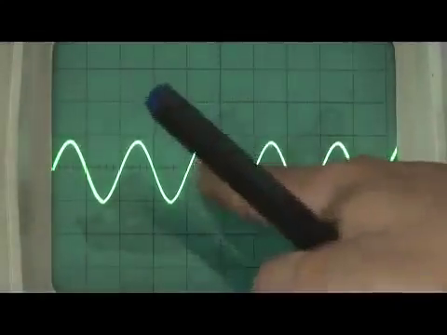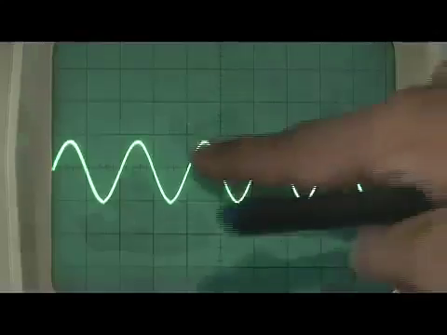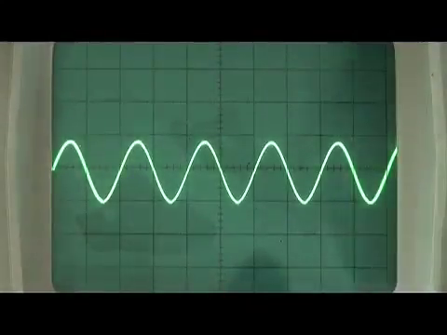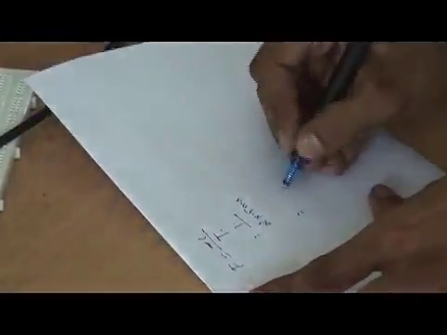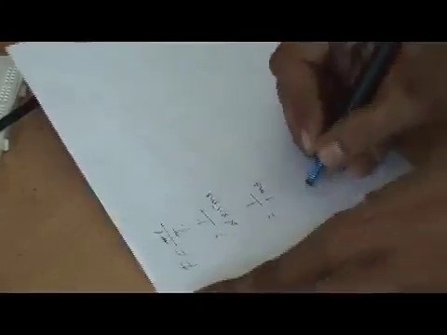What we got is the time period. And we all know the relation between frequency and time period: frequency is equal to 1 by time period. In place of the time period you can write whatever you got, which is 2 into 0.5 milliseconds. So 1 by 2 into 0.5 milliseconds is equal to 1 by 1 millisecond.